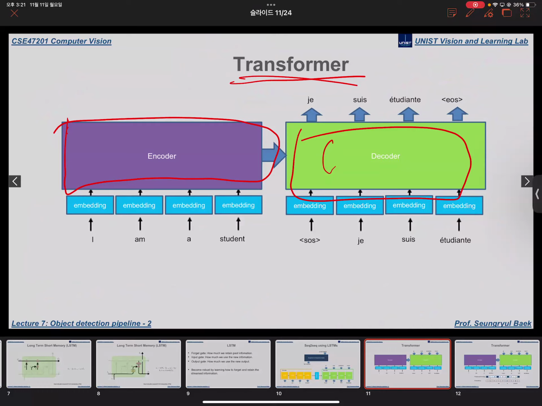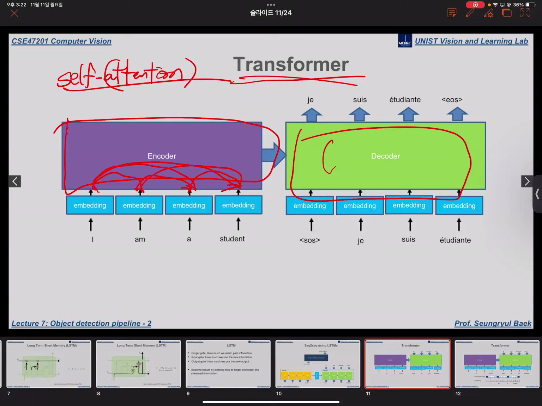Okay. And what the transformer's self-attention, or anyways, the attention mechanism, means is that we actually calculate the dense relation between the input.